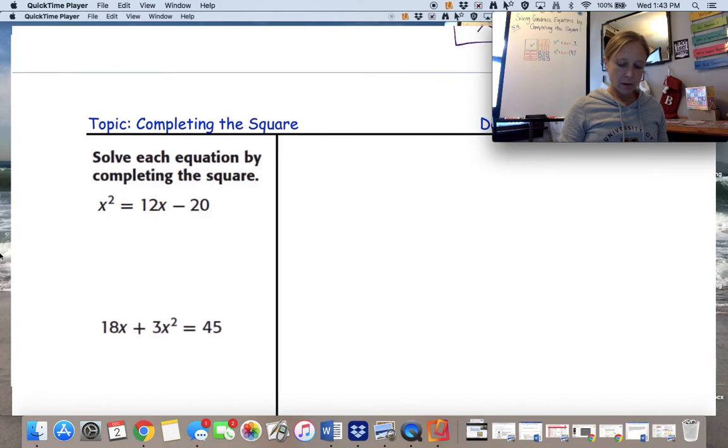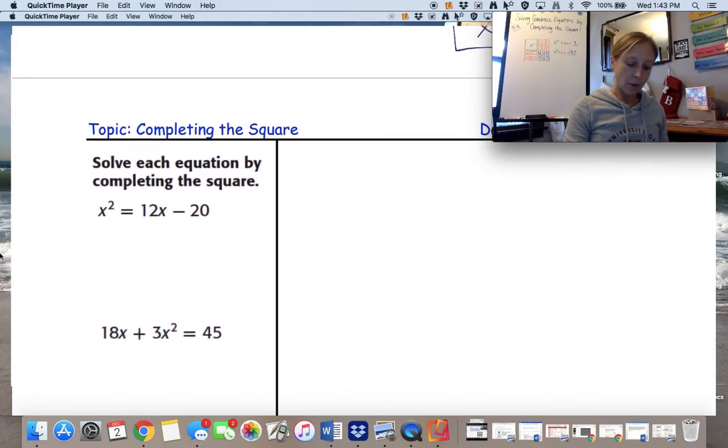Let's try another one together, and then I'm going to ask you to pause the video, or I'm going to end the video, have you try the last one on your own, and then come back and check your answer. Okay, so let's see if we can remember our steps. First one, collect all of the variable terms on one side, constant terms on the other.